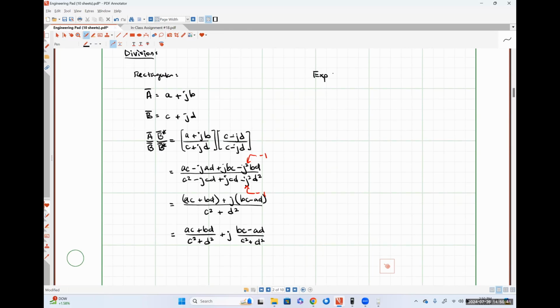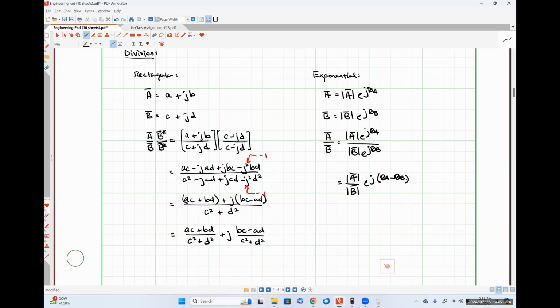So we would have A is equal to the magnitude of A, e to the j theta A, and B is equal to the magnitude of B, e to the j theta B, and A over B is just the magnitude of A e to the j theta A divided by the magnitude of B e to the j theta B, or the magnitude of A over the magnitude of B, e to the j theta A minus theta B.